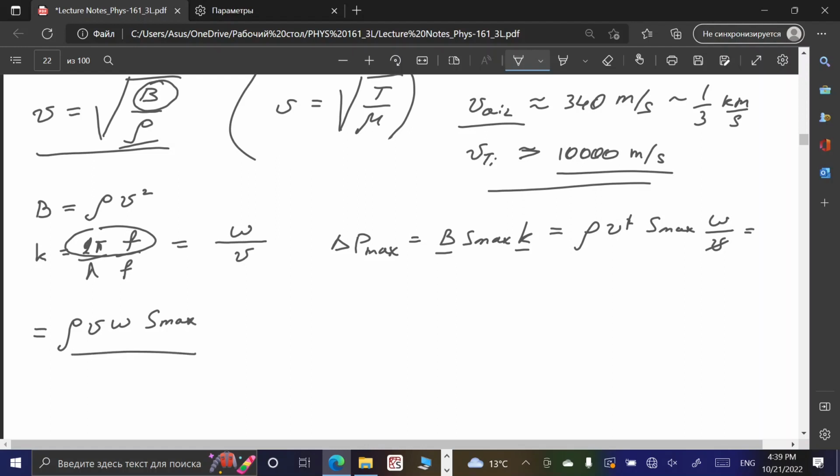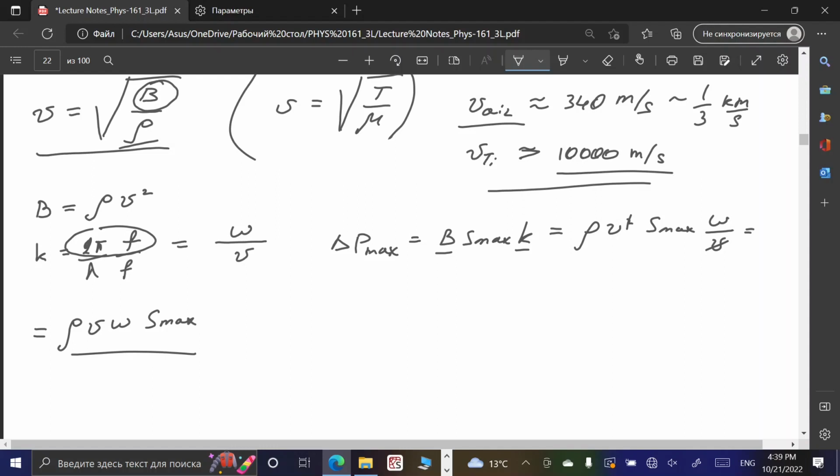So now what we have, we actually accomplished one more time our task of relating change in pressure in the medium where the sound wave is moving with displacement of this medium because of the sound wave, but now we operate with parameters which are easily measurable. So density, speed of sound, and frequency of the sound wave.